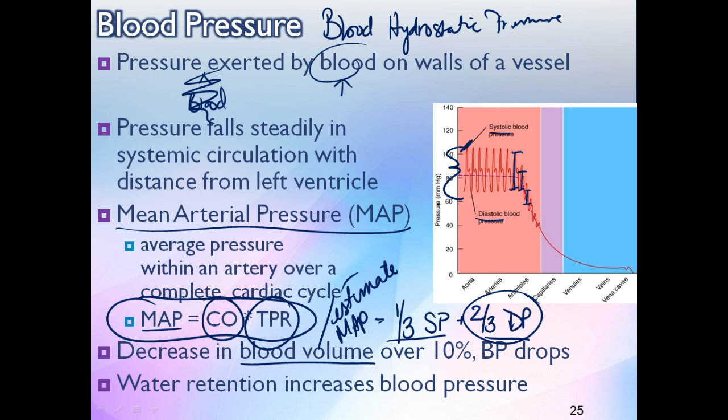And this less stuff, so to speak, causes a decrease in your overall pressure. Not only does a drop in blood volume cause blood pressure to drop, but this also becomes a method of regulating blood pressure, as you saw when we looked at the hormones, how a great variety of those hormones targeted blood volume in order to fix problems with blood pressure.